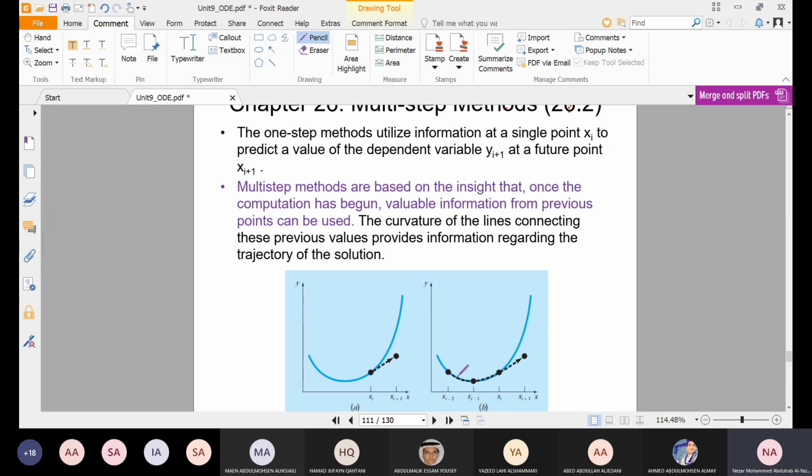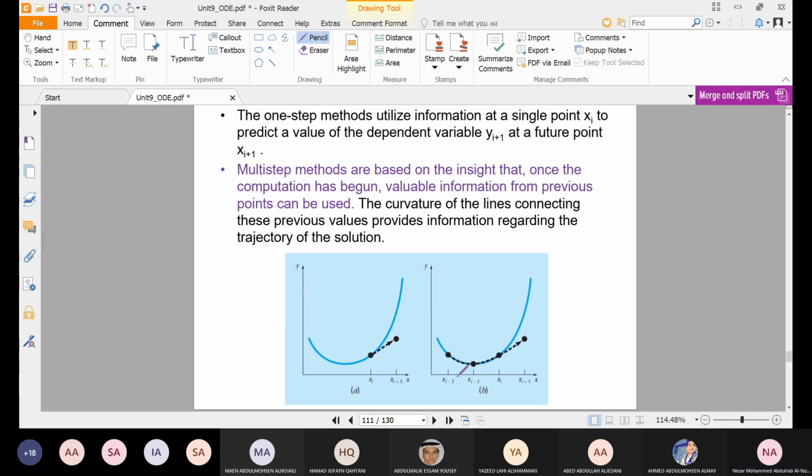So this method is used to enhance the accuracy, but here we talk about the accuracy measurement that we had before. If our measurement before is accurate and we use the previous data, in this case we can enhance the accuracy, and also we can provide a nice prediction of the functions.